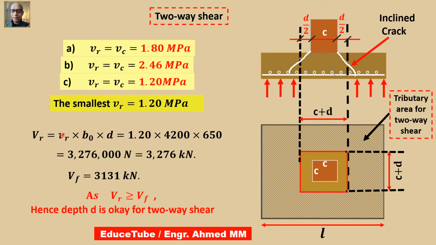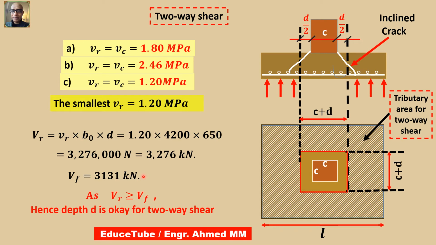We will use this 1.2 and the others as they are: b0 already we know 4200, d is 650. So we got 3276 kilonewtons.